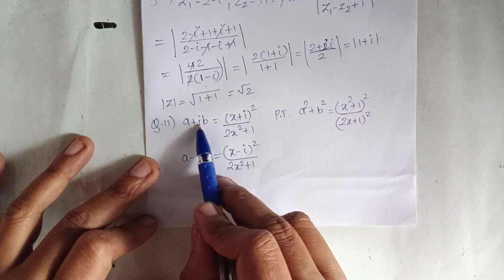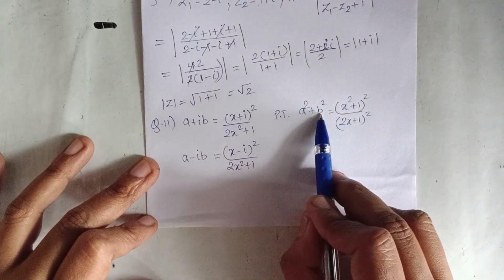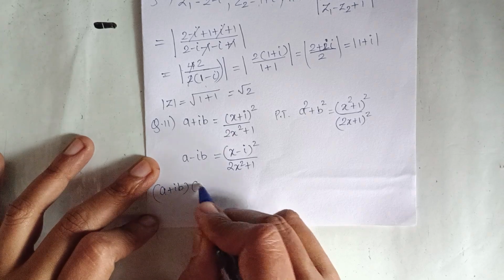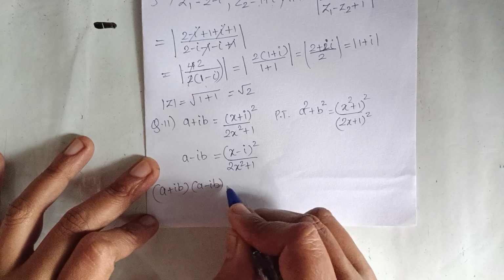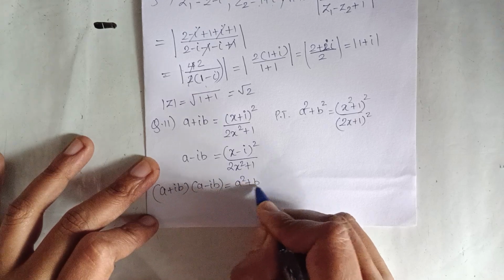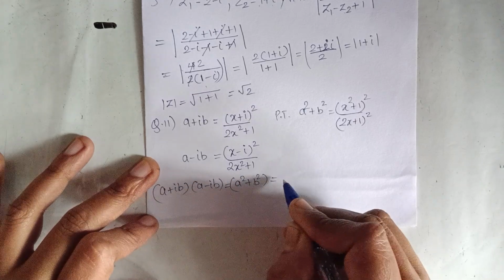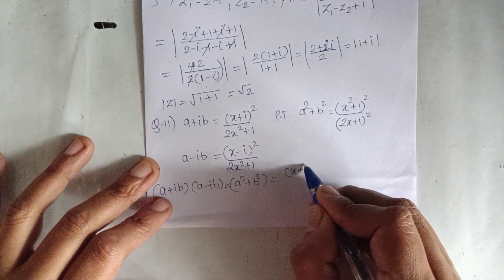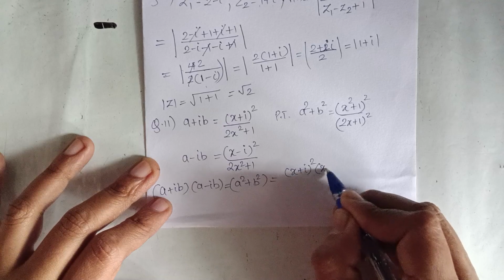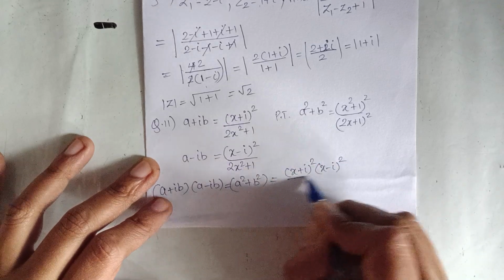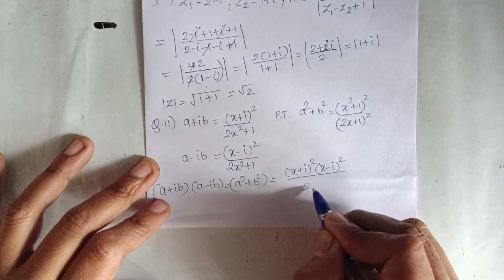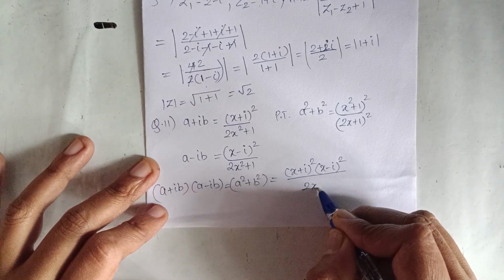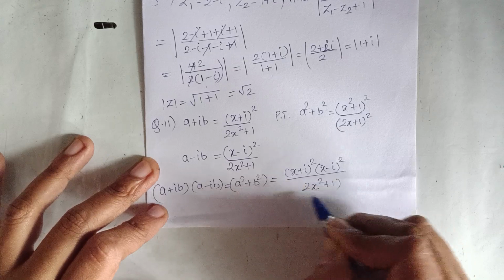Multiplying this, you will get a square plus b square. So you are multiplying this too, x plus i the whole square, x minus i the whole square upon 2x square plus 1 the whole square.